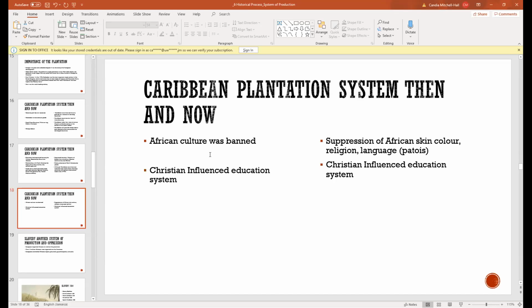When we use terms like the black cat is the worst, is for bad luck, when in Africa, the black cat actually means that something good is going to happen. The black spot, you're too pretty for a black girl, or all of these different stuff. Your language, using African words such as gal and nyam, is seen as uncouth.